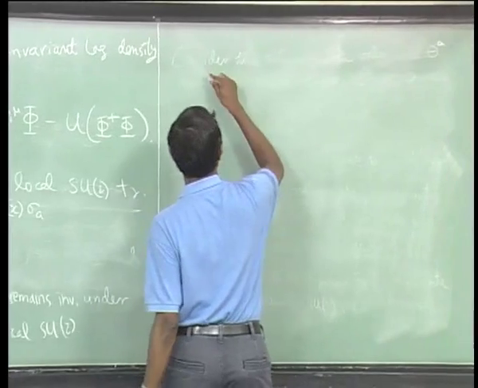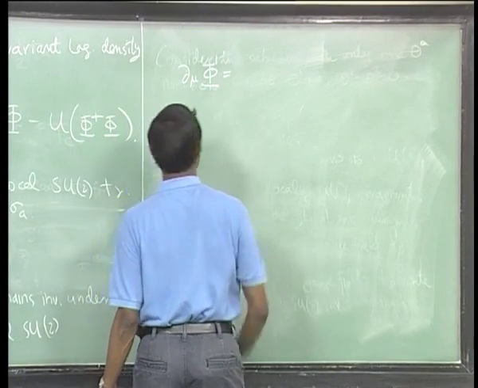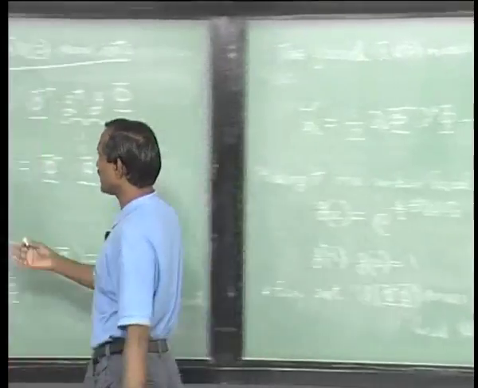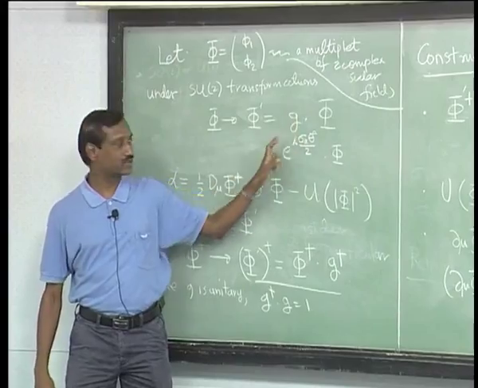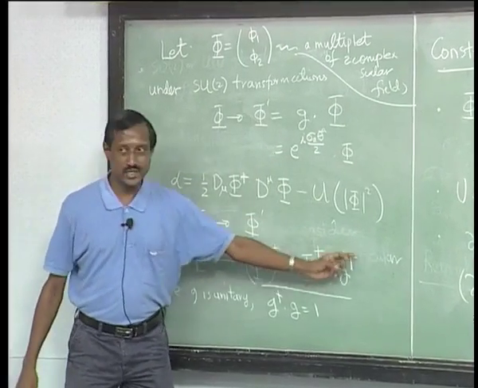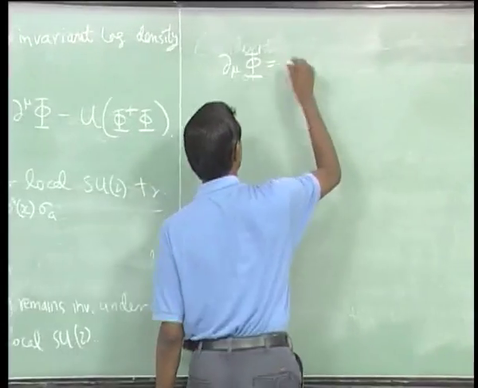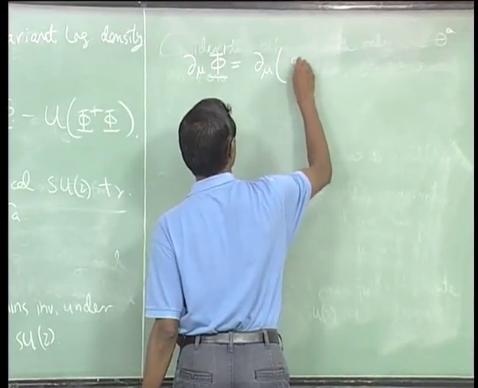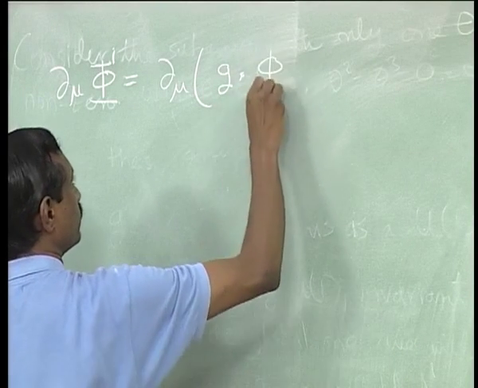So, let us look at d mu of phi prime. Again the transformations are exactly as before, except for local we just say G is G of x, and similarly here phi prime transforms like G dagger of x. So, there is nothing more. So, we have to write this as d mu of G dot phi.